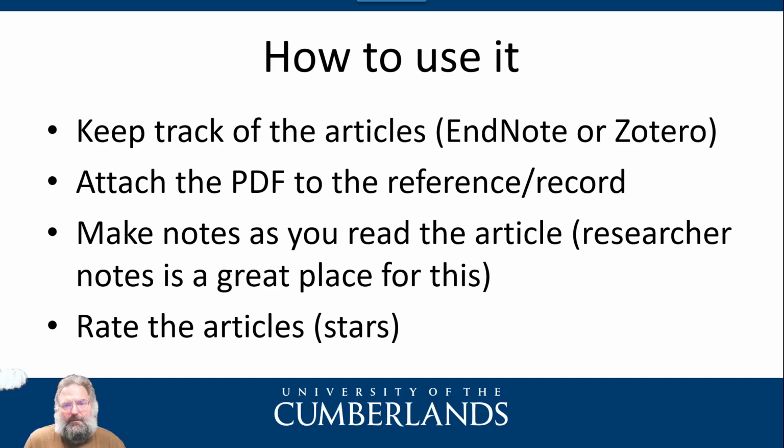So they not only do things like help you with APA citation, as an example of keeping your references and your citations in sync and in the right format and all that other stuff, but they also allow you to attach a PDF to the record, serving as essentially your own personal library. So you can then make notes as well about that article. You can even potentially highlight the article or make annotations on it as a way of making it easier for you to find things later on.